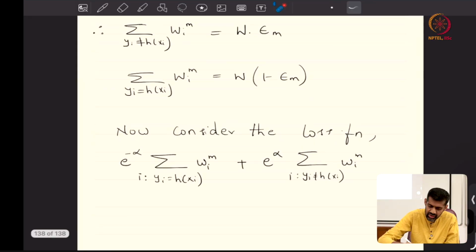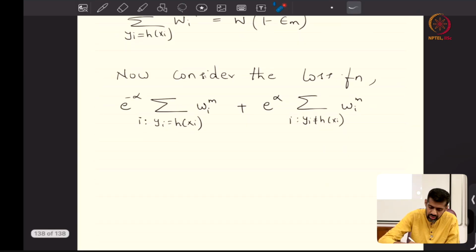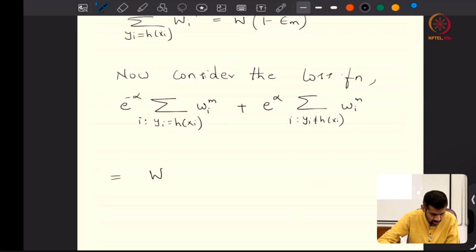So, now since we have written the summations of Wi's with respect to W and epsilon m, this will become capital W times e power minus alpha into 1 minus epsilon m plus e power alpha times epsilon m.